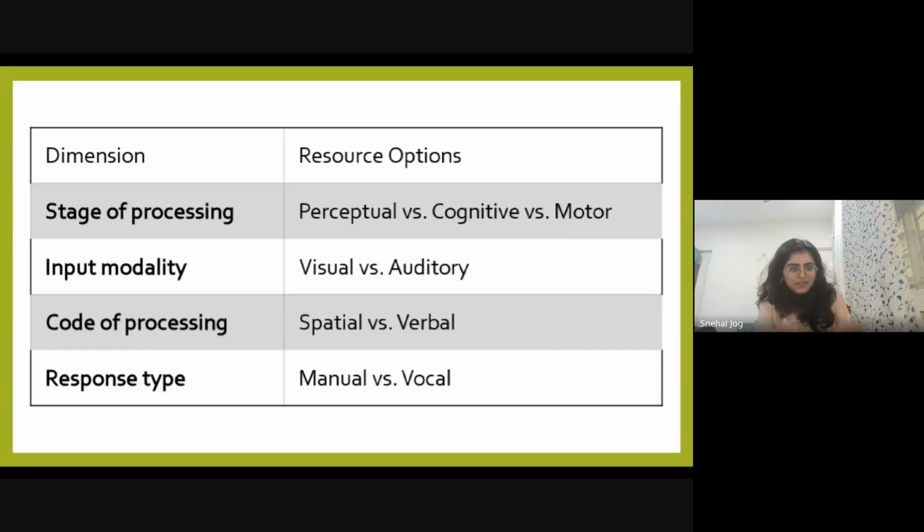So if the two tasks which are presented to you both require the same stage of processing, that is, both of them require perception, or both of them require motor, like some kind of action, or both of them require cognitive processing, then your performance is going to drop. Versus if one of them is a little easier, like, let's say I am folding my laundry and your little brother comes and tells you, okay, is this word in capital letters, I just have to respond in yes or no, right?